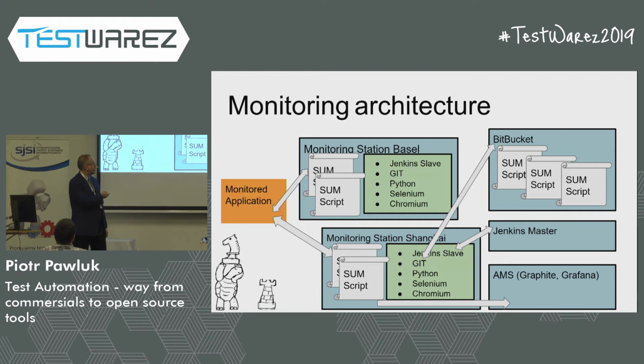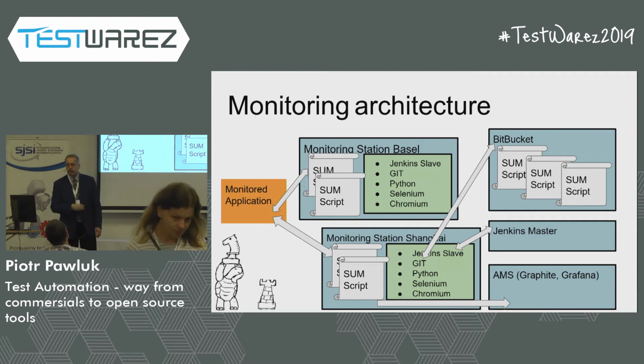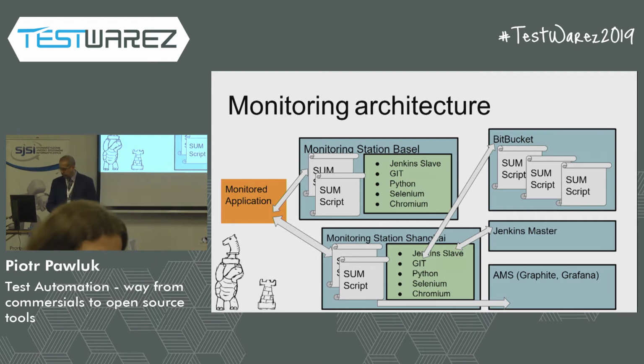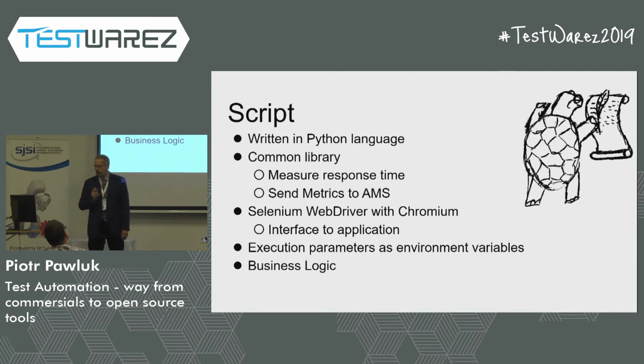And the script sends the data to the Grafana stack, which was already in the company. Okay, something more about the script. The script was written in Python. We created a common library.